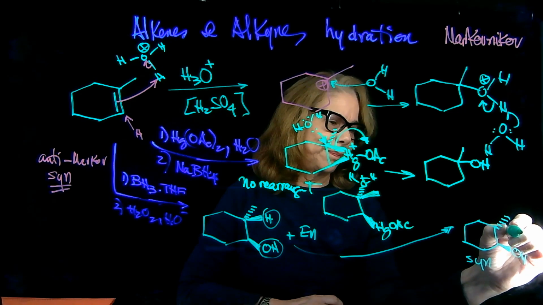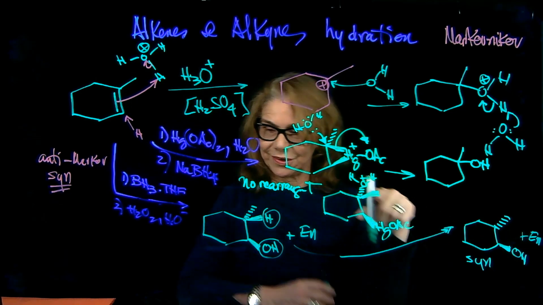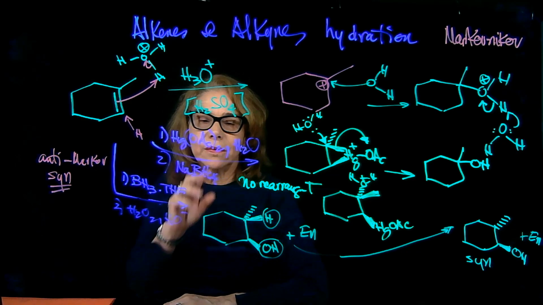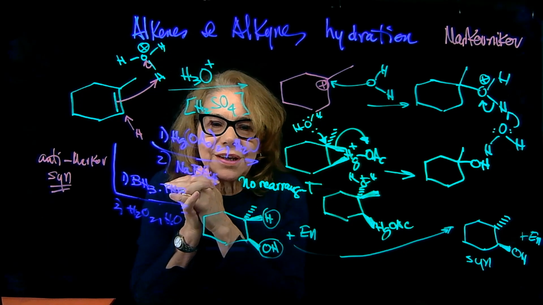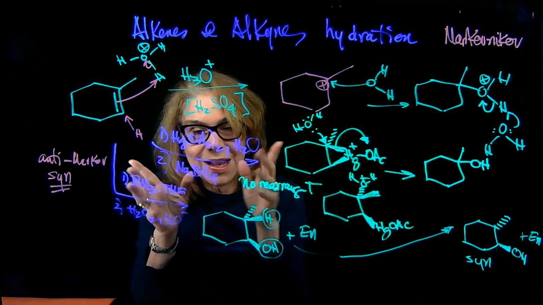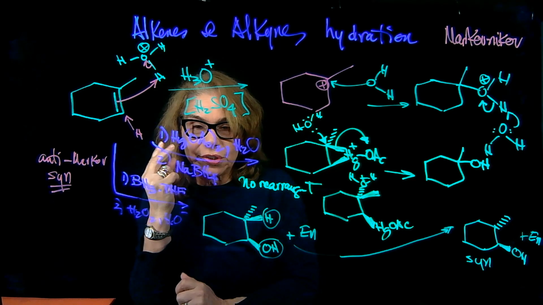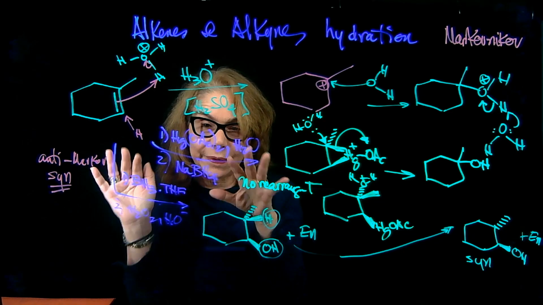So that plus the enantiomer. So this inverted, this inverted. Okay, so we have three conditions for hydration of alkenes. In my next video, what I'm going to do is show you the two conditions that we have for hydration of alkynes and how that compares to this.